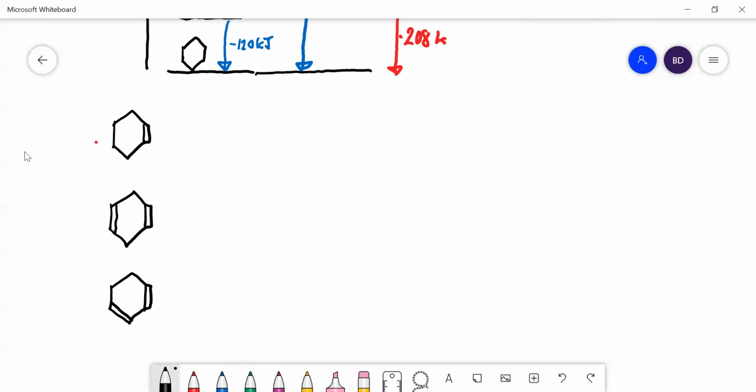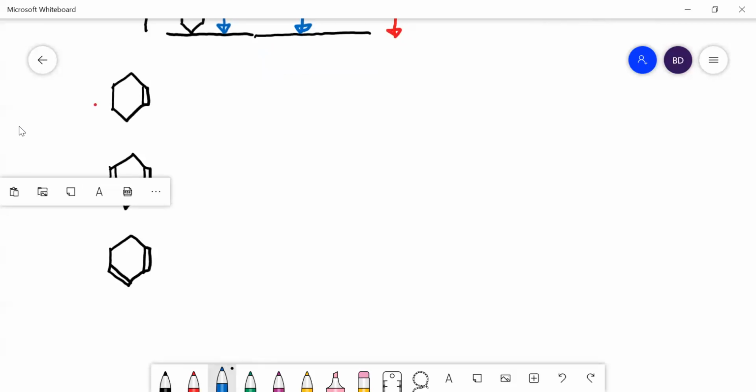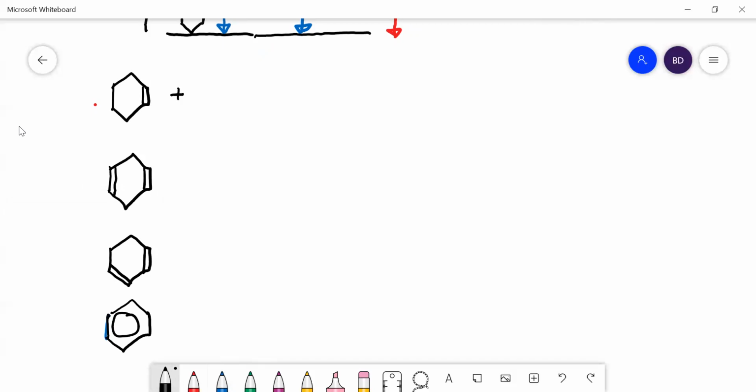And let's draw benzene in there as well. Right, so if you react that with hydrogen, you get minus 120 kilojoules per mole. If you react this with 2 moles of hydrogen, they say, what would you get there?